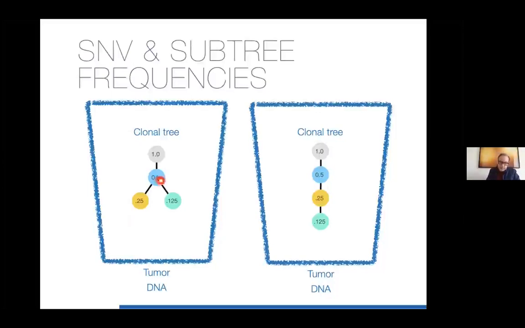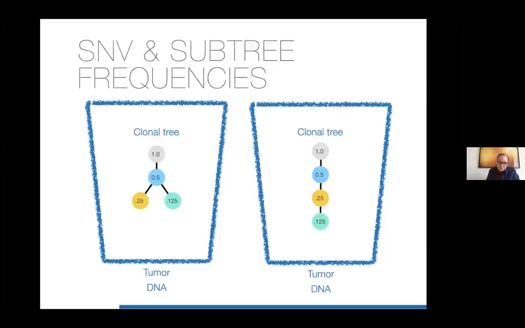So half here means that half of the cells belong to this subclone or one below it. And it's the same thing here. Half of the cells belong to this subclone or one below it.